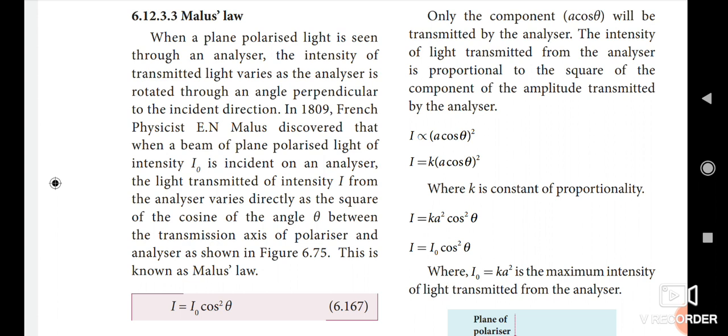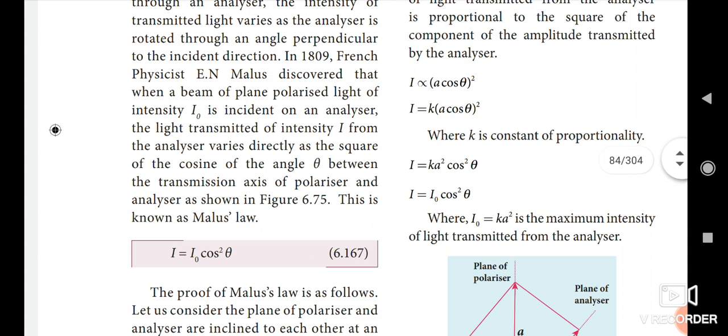The amplitude is A cos theta, so I is proportional to A squared cos squared theta. To remove the proportionality we add a constant k, so I equals k A squared cos squared theta.